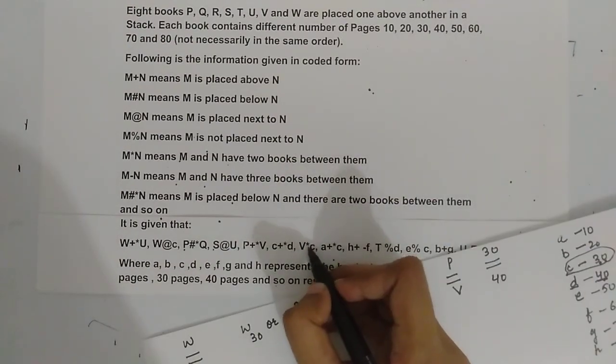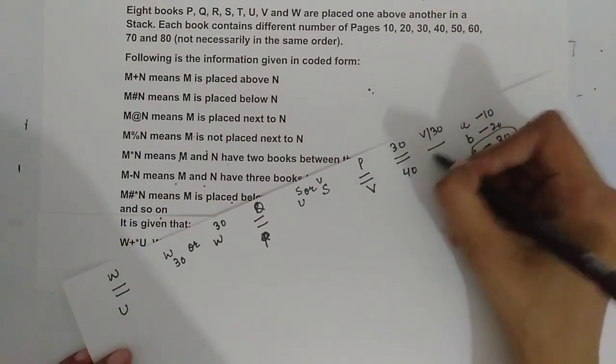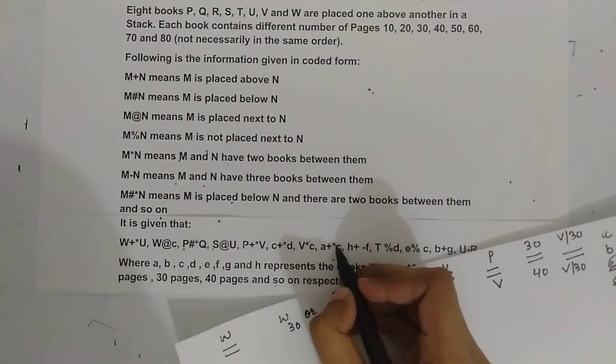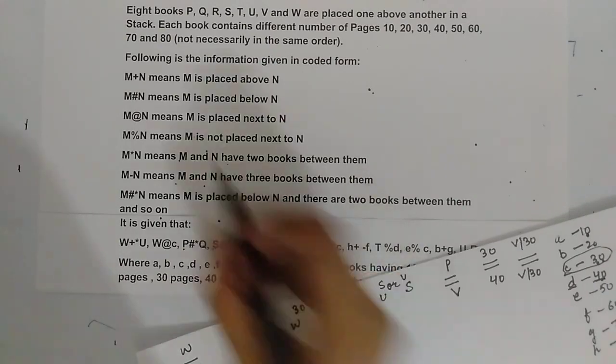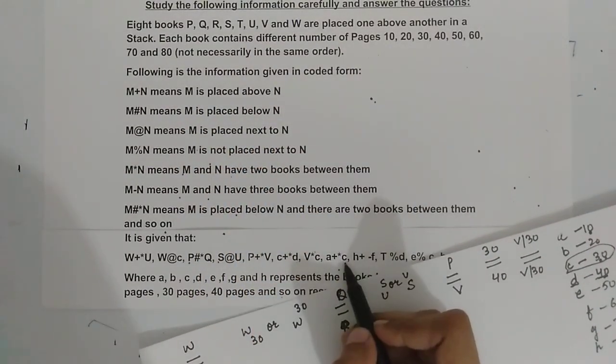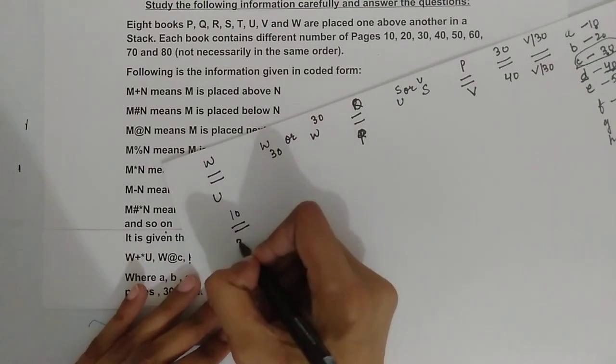V and the book having 30 pages have 2 books in between them. Fine. So it can be like this or it can be like this. a plus star c. a, the book having 10 pages, is above the book having 30 pages and there are 2 books in between them. It will be like this.